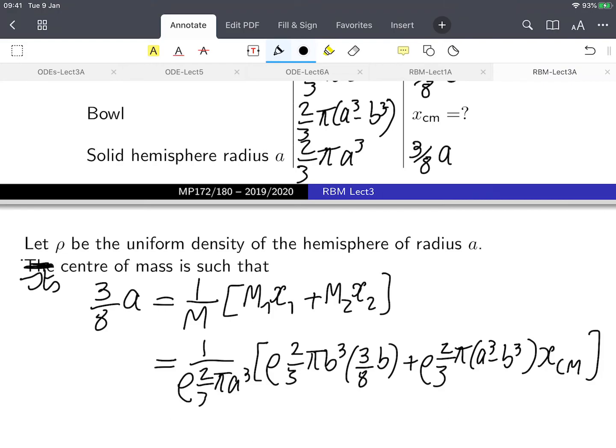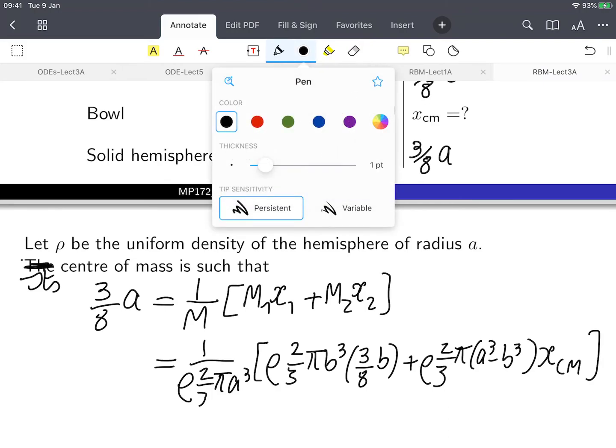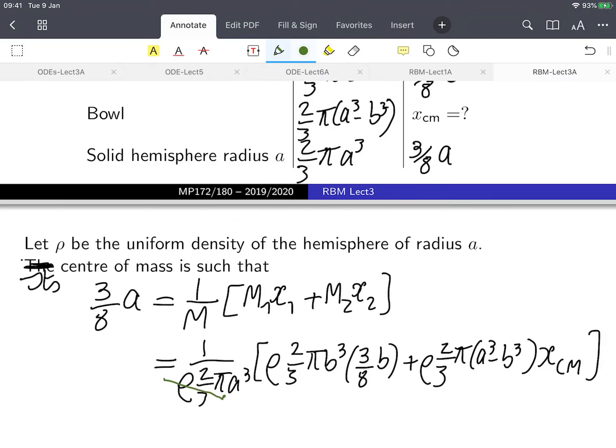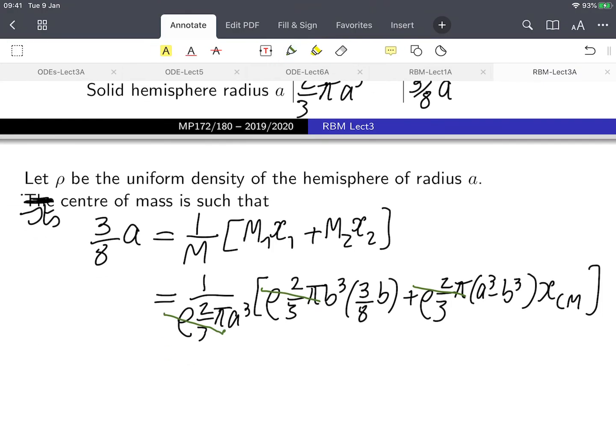So I have rho 2/3 of pi on top and bottom. I can delete that. That's gone. So what do I have? I have 3/8 of A equals, so that's from 1/A cubed times the parentheses. So I'm going to bring the A cubed to the left.